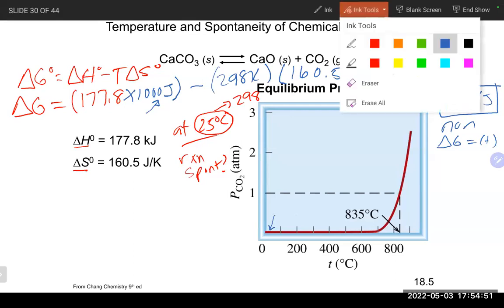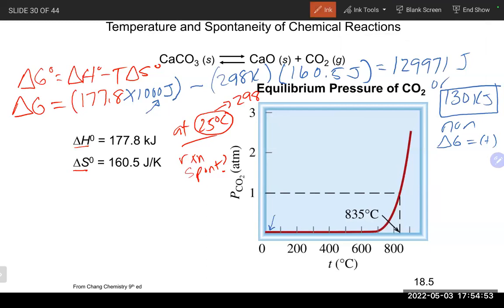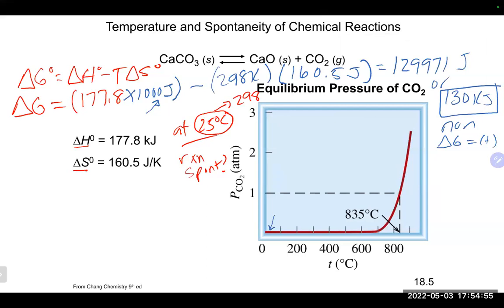So could we figure out at what temperature this reaction would become spontaneous? And the answer is, yeah, we can. We could actually use the same equation here to help us figure out at what temperature this reaction would become spontaneous. And we could do that by setting delta G equal to 0, because we know delta G needs to become negative.